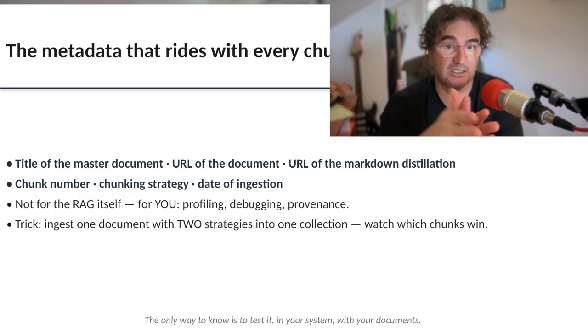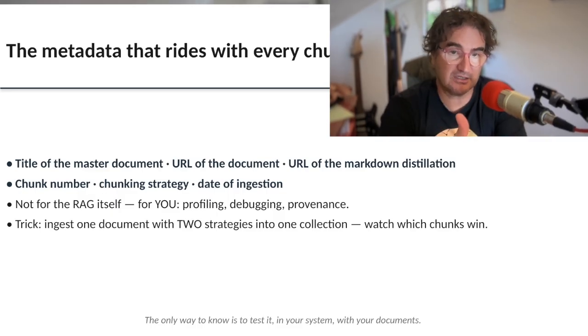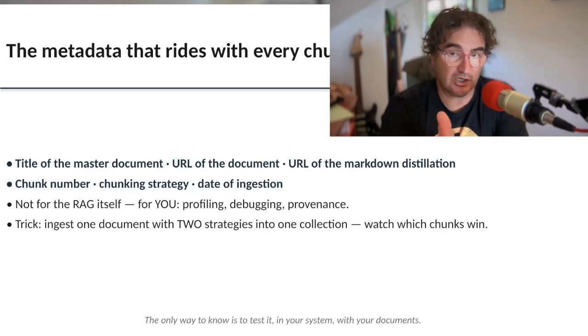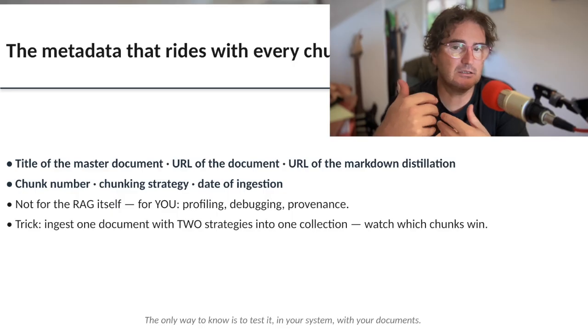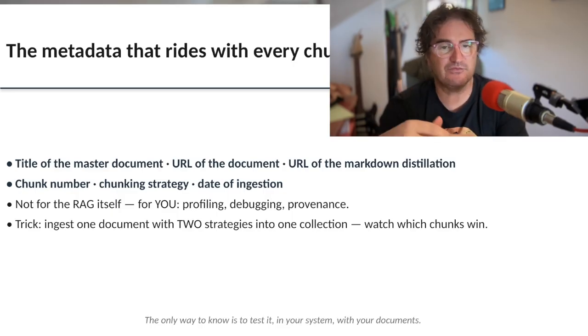Also, if you are chunking a document, you can say this is the 3rd, the 4th, the 6th, the 100th chunk number. You put the chunk number, and it's also interesting to put the chunking strategy inside the metadata of the chunk, and the date that you ingested it. So you're not going to use it for the RAG itself, but for knowing what you're doing, to profile, to devise.